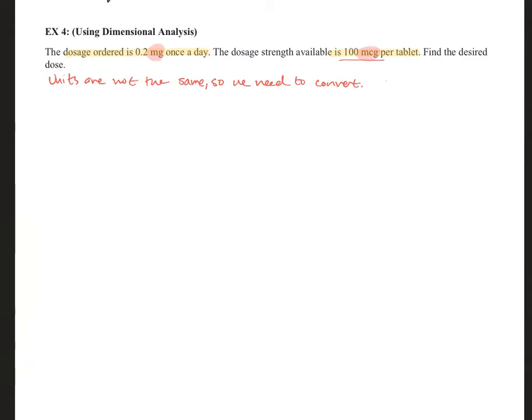So we're going to convert from milligrams to micrograms. Let's see our unit of conversion. Our conversion factor is 1 milligram equals 1,000 micrograms, similar to what we used before.